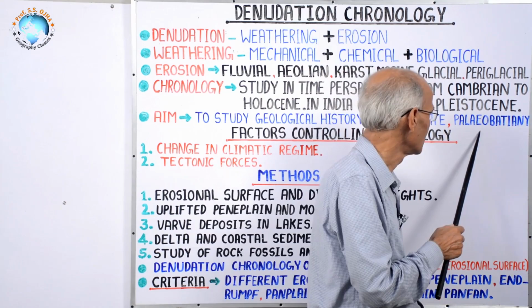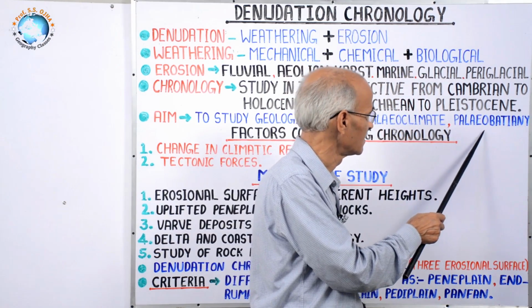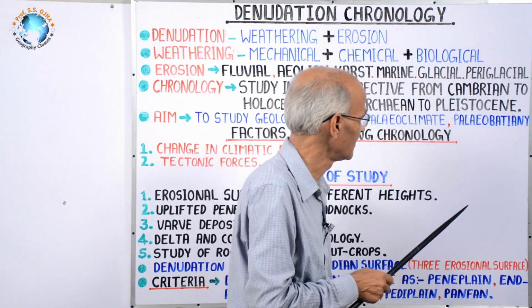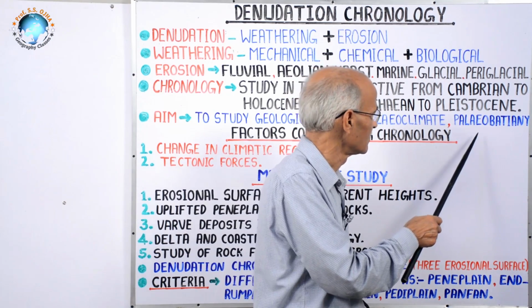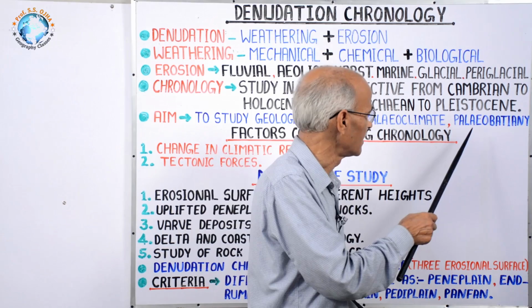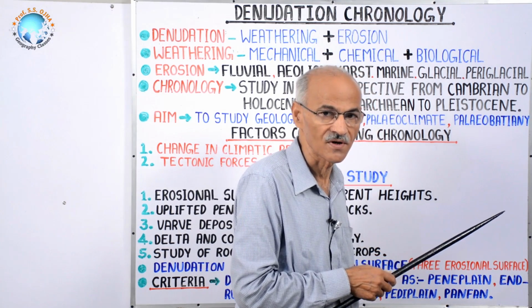Next is paleobotany. Paleobotany is also studied by the denudation chronology. For example, in MP, India, there is Ojha Fossil National Park, and this reveals that this is a National Park of fossils.